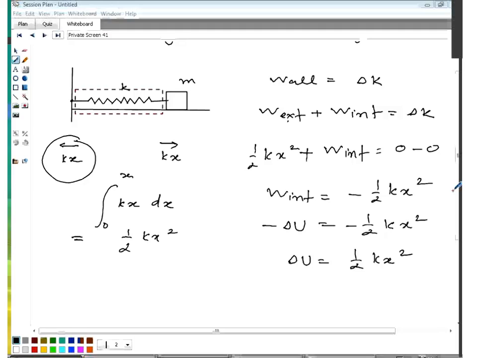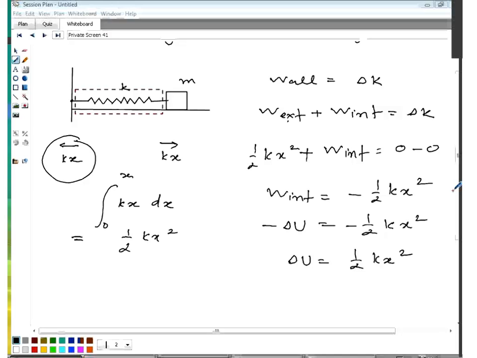The definition of potential energy that we had was about change in potential energy. That means you could take any initial potential energy and you could talk change with respect to that. So here when the spring is neither compressed nor elongated, when it has its natural length, then normally we take potential energy as 0.